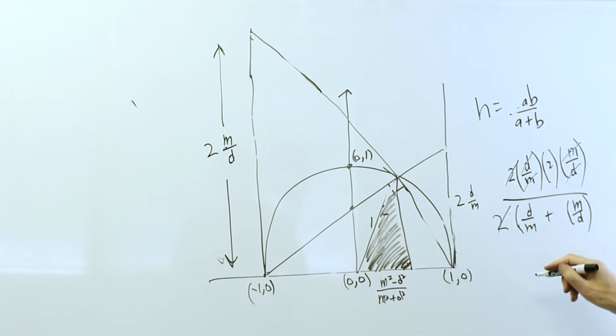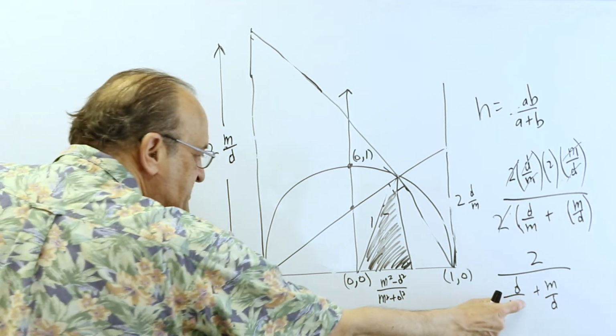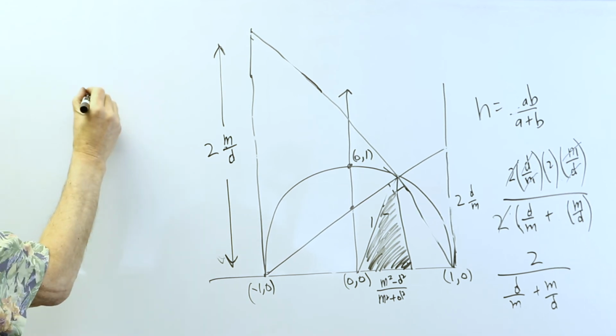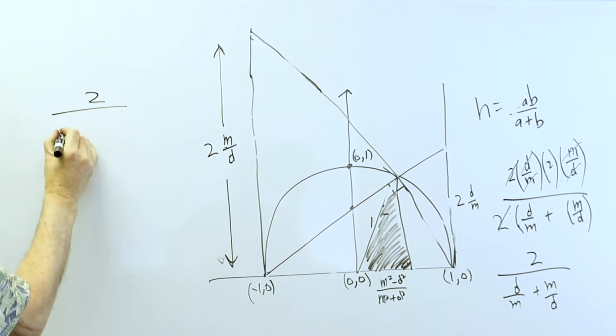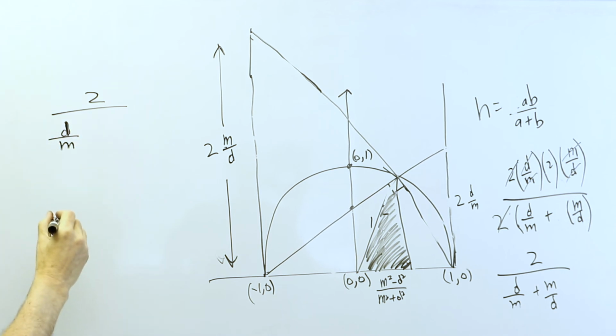So I end up with 2 over d over m plus m over d. Transferring from this side to this side, I have 2 over d over m plus m over d.